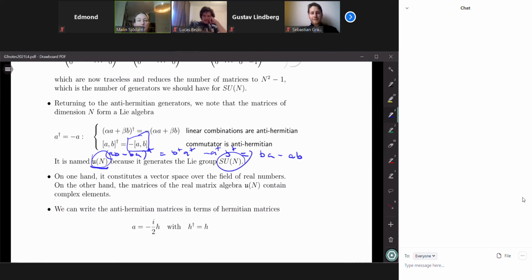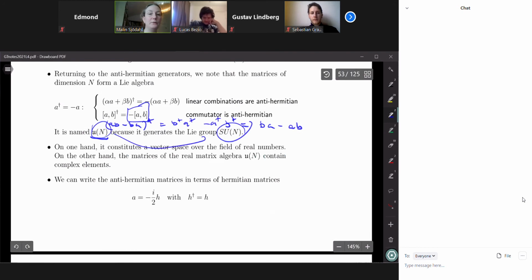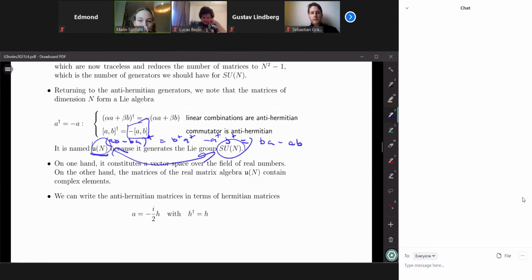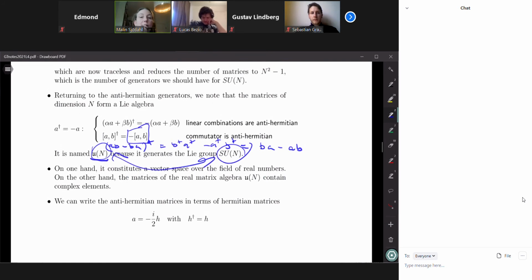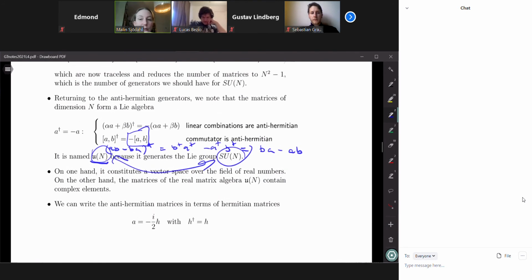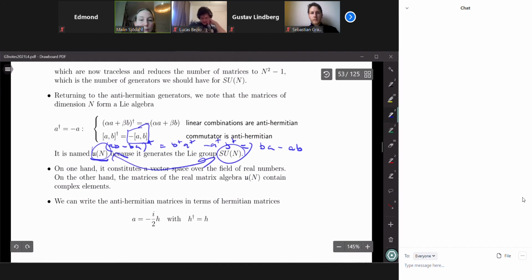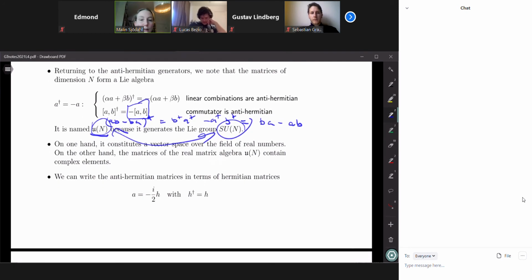The SU(N) matrices have traceless generators, so I should fix that. Of course, tracelessness is also trivially preserved for a linear combination.